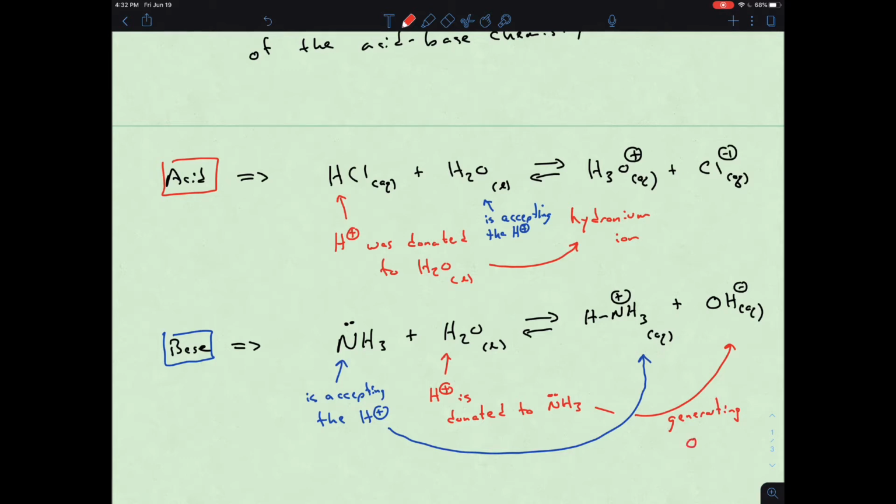That still fits with the Arrhenius definition, that we're getting a source of hydroxide within solution. But it's this idea, as far as specific definitions, of the proton shuffle: proton acceptance being the base, proton donation being the acid.